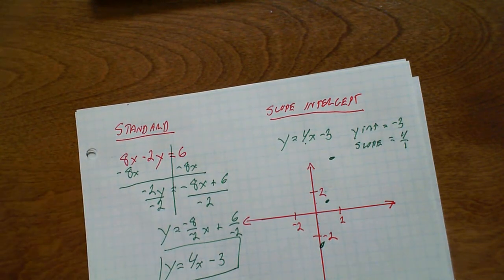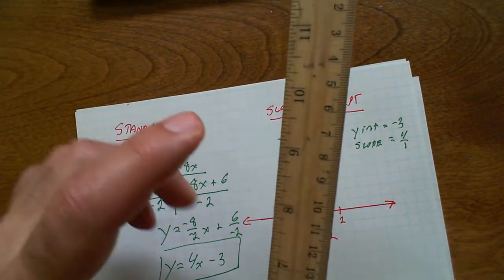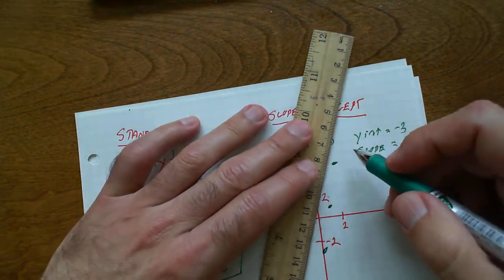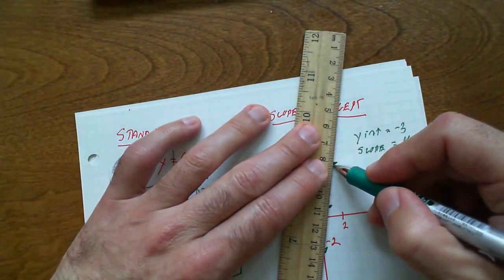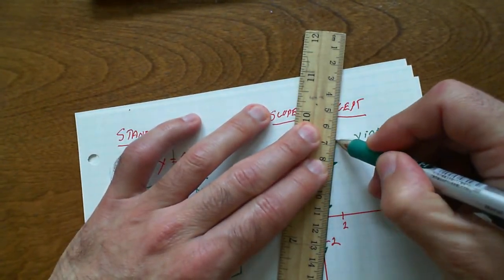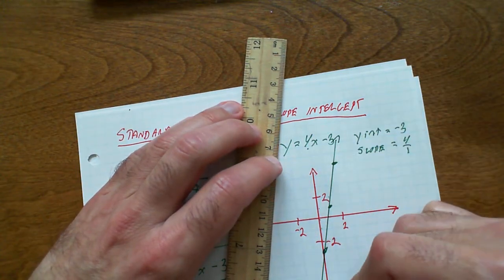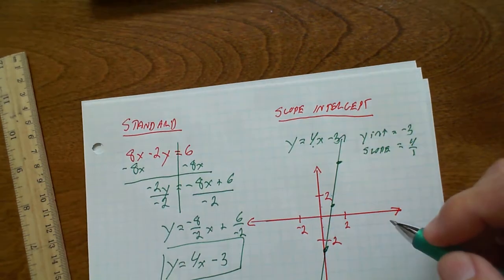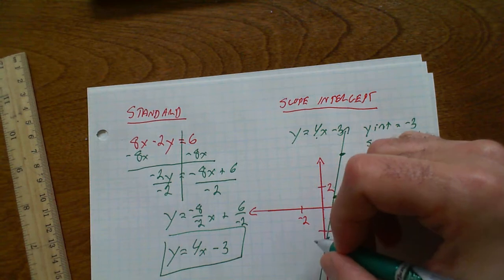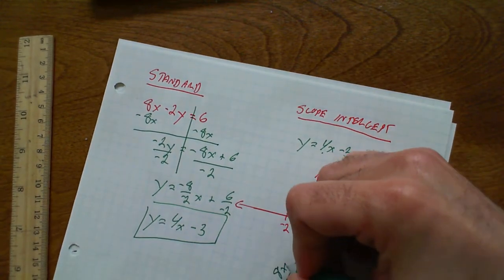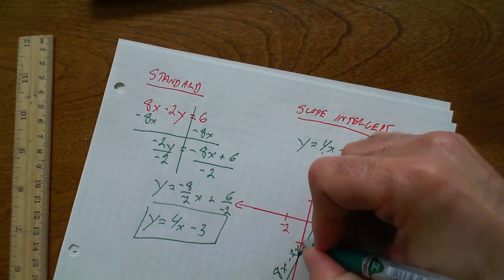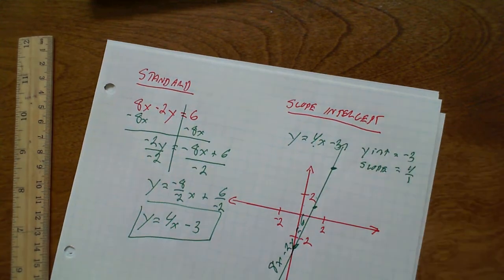Okay, so let's go ahead and connect those. And that line is going to be my 8x minus 2y equals 6.